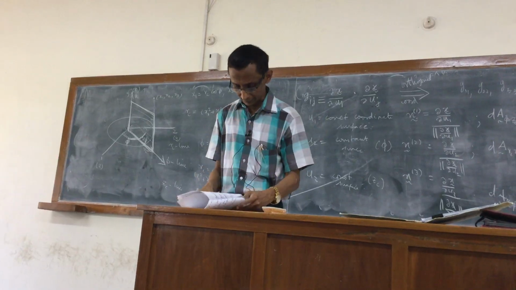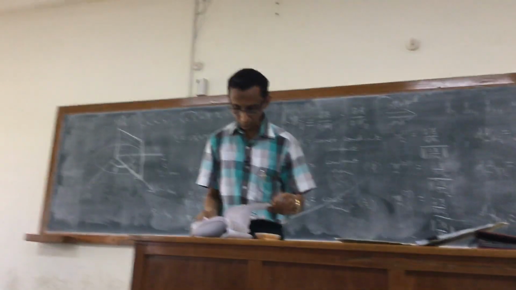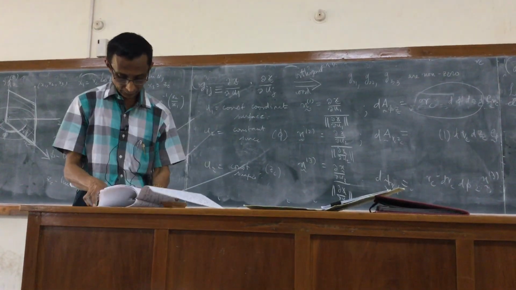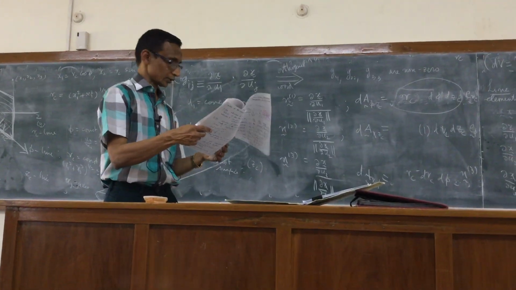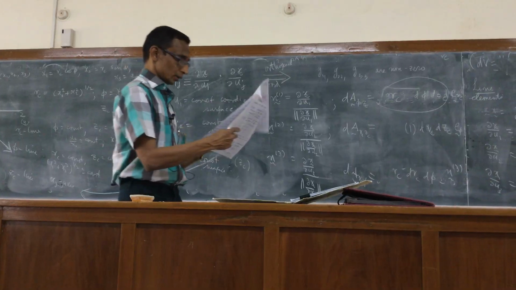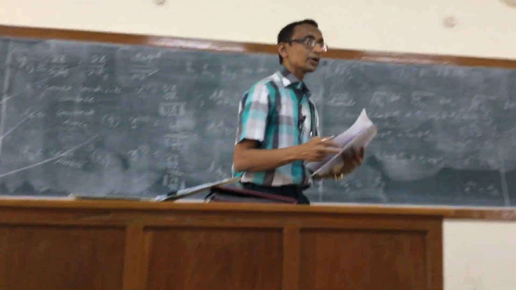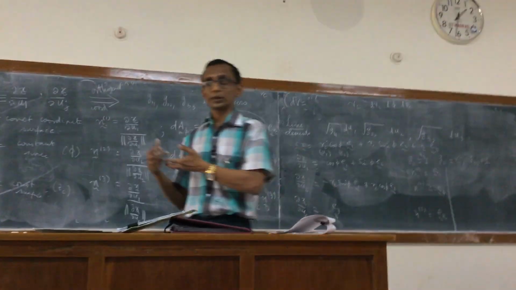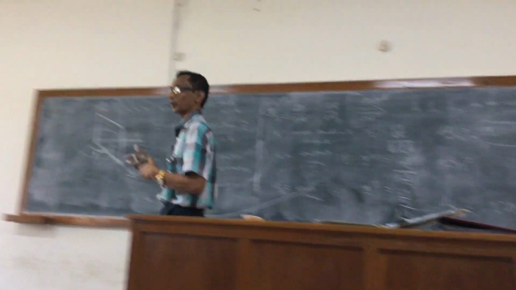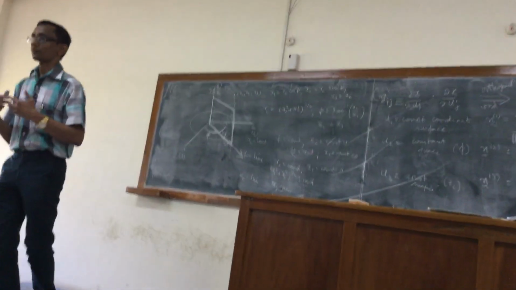We'll see in the next class how these formulas can be written for the spherical polar coordinates, which we haven't discussed at all. That will also be important because many of the problems that we solve will involve spherical polar.